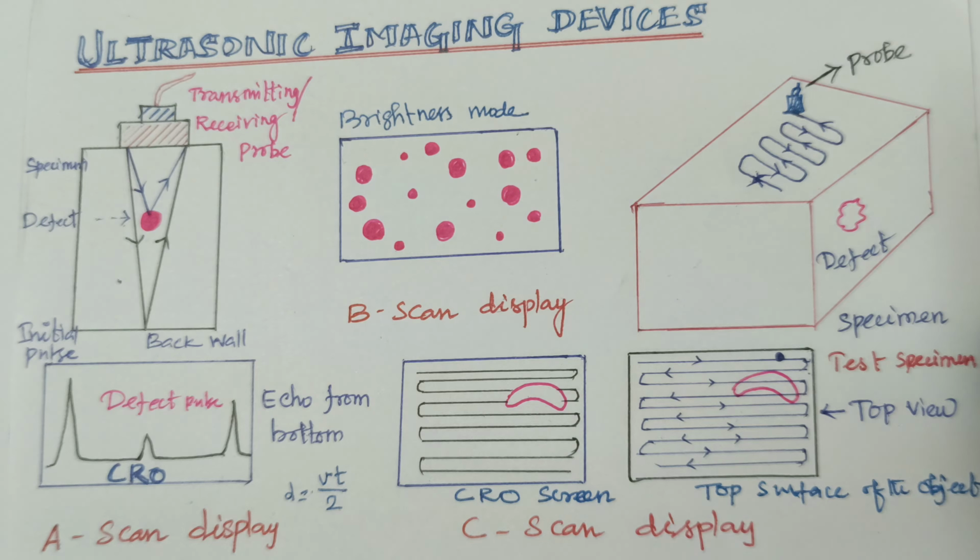Then the advantages of ultrasonic flaw detectors. The ultrasonic method is fast and reliable for non-destructive testing. That's why we are using this type of ultrasonic method for non-destructive testing. It is more sensitive and effective than radiography using X-rays or gamma rays.